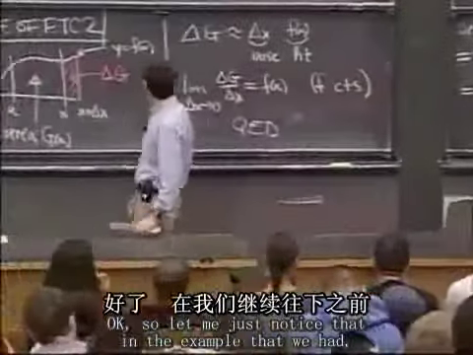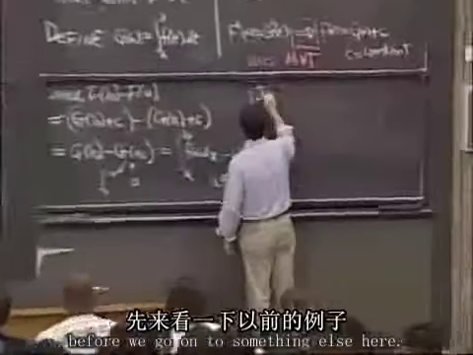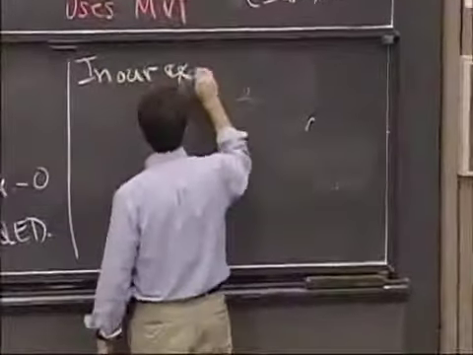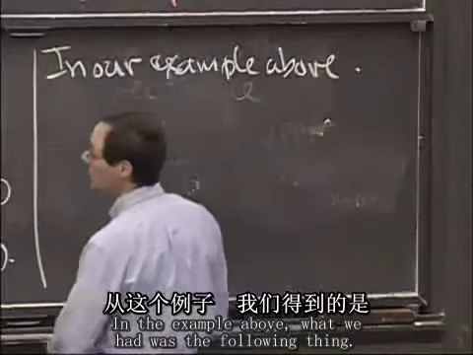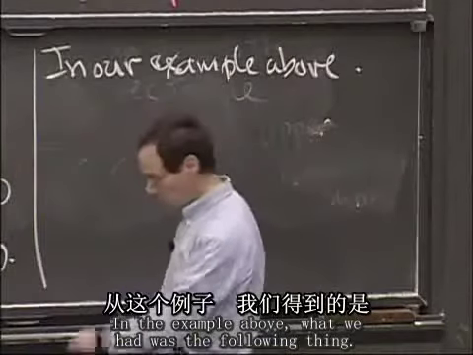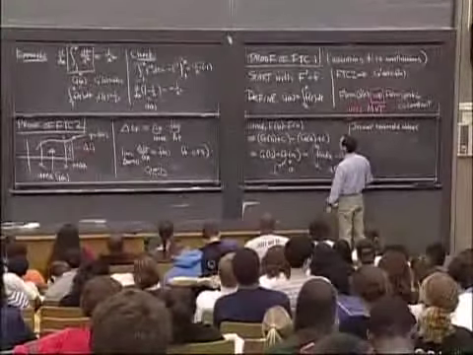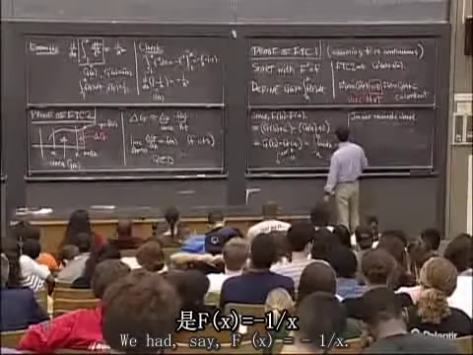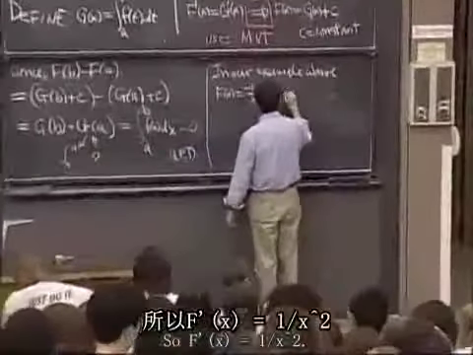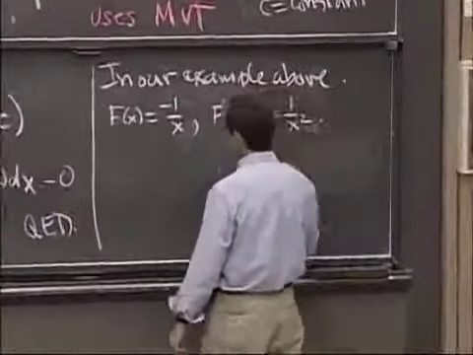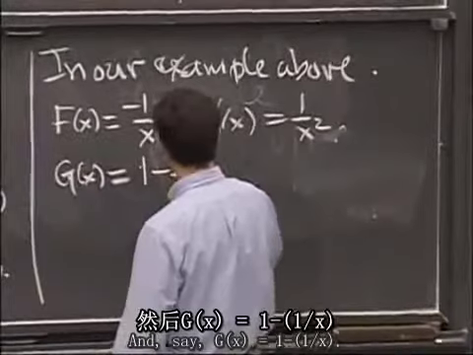Okay. So let me just notice, in the example that we had before we go on to something else, in the example above, what we had was the following thing. Say f of x is equal to minus 1 over x, so f prime of x is 1 over x squared, and say g of x is equal to 1 minus 1 over x.